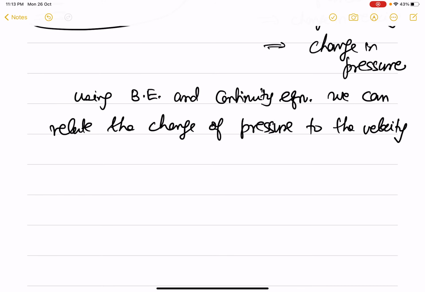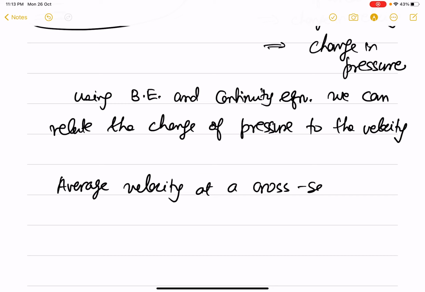Now, let's introduce a concept of what we call average velocity at a cross section of flow.